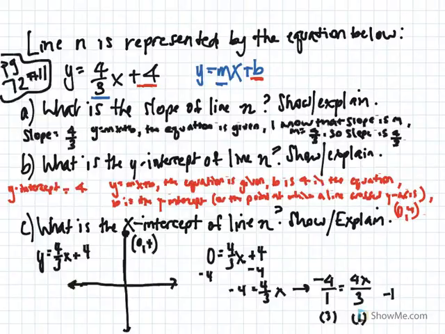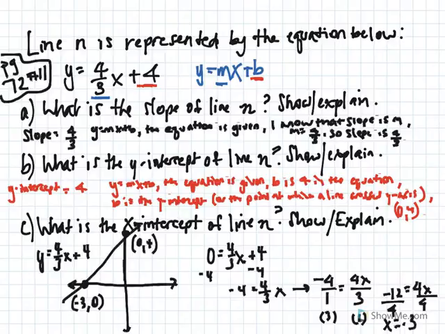And I get -12 equals 4x. Divided by 4, divided by 4, x equals -3. So this line crosses the x-axis at -3 over, 0 up. So this is (-3, 0). So far we have this little line right here.